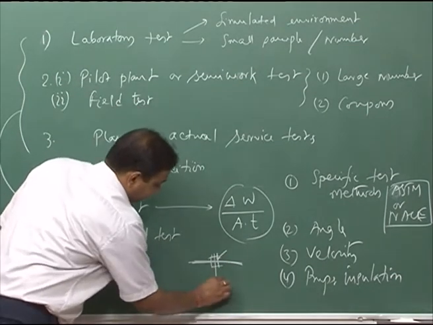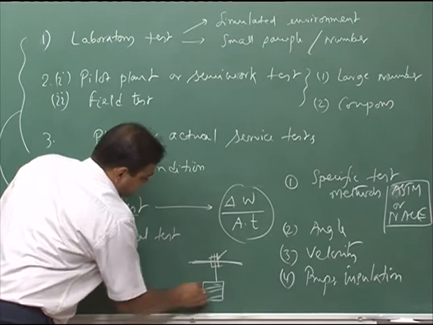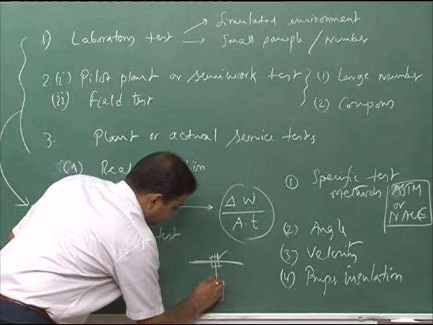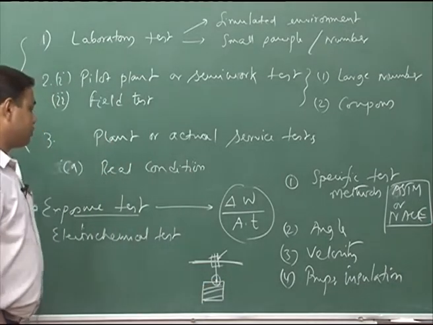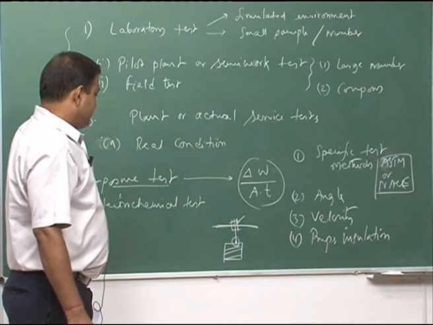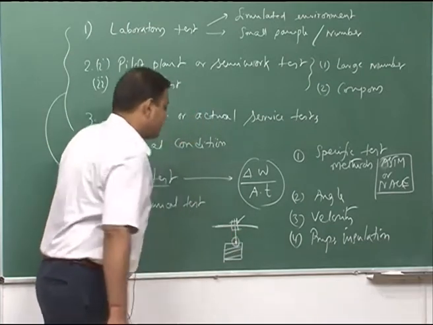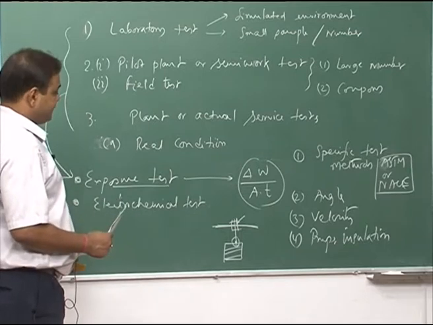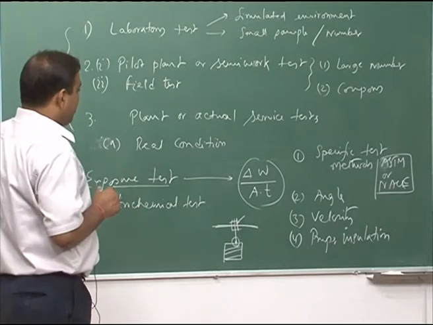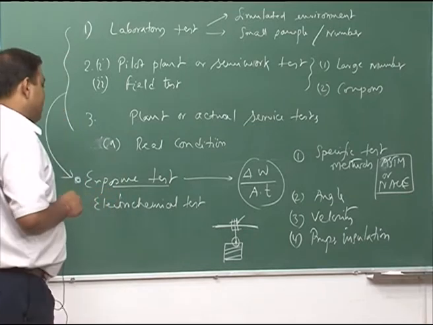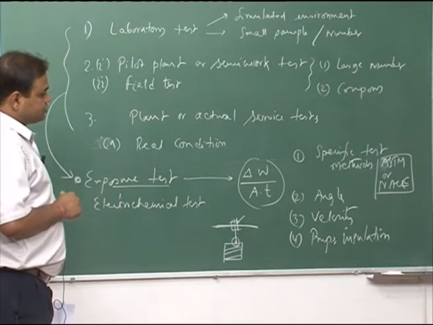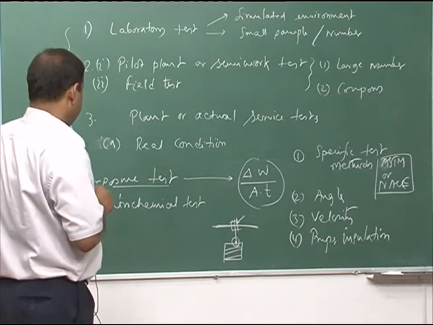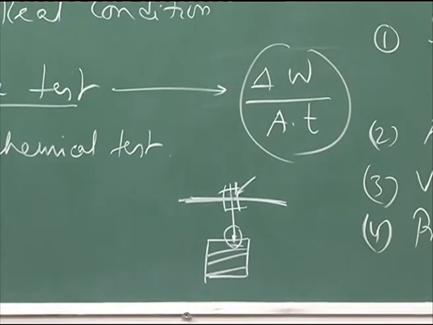Here is my sample, and in this part also we have two-metal corrosion. So, this part should be properly insulated, otherwise there would be a galvanic effect, and wrong information will be obtained if we do not have proper insulation. So, this is the exposure test.